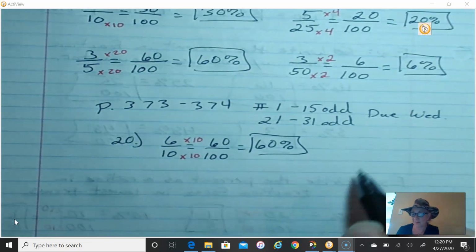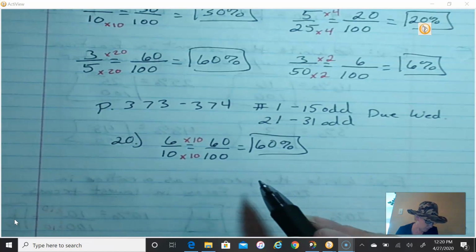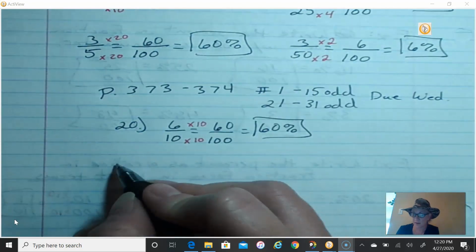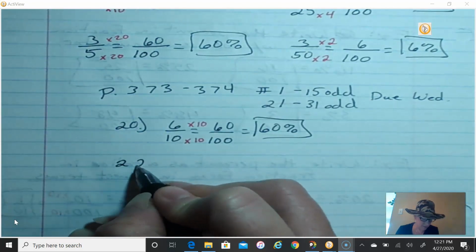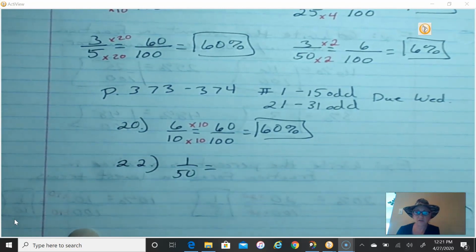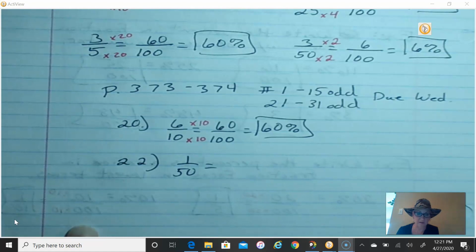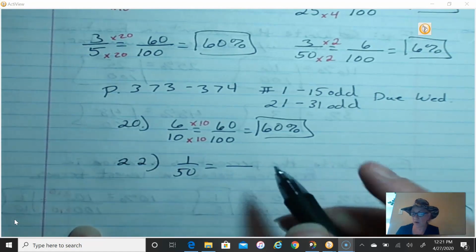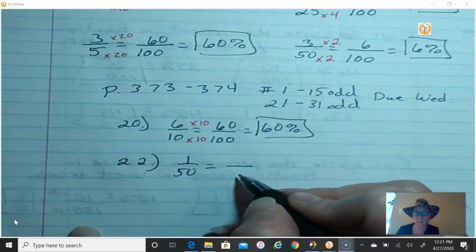So in this section, 21 to 25, they did not give you the 100 like we did up here. Look at 22. They give you 1 over 50, and they just say change that into a percent. Okay, we're still doing proportion. What number has to be on the bottom for it to be a percent?